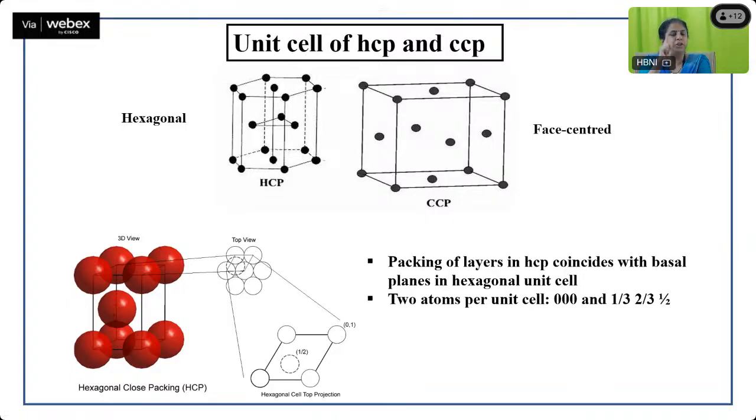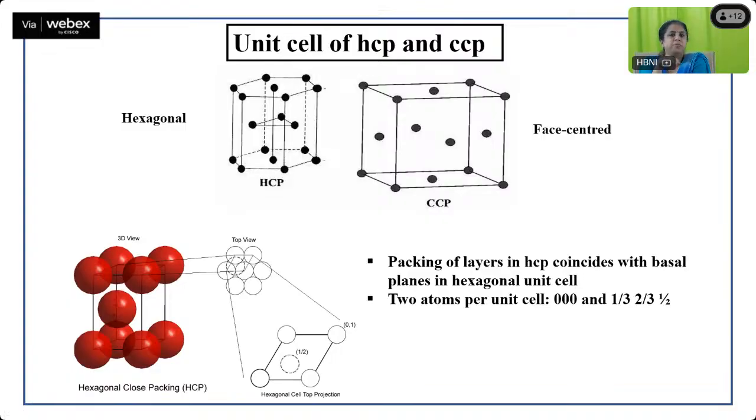How much does one edge contribute to one cube? This edge would be shared by 4 cubes: one here, one in the front, one on the top, and one on the top of the front one. That means each edge contributes 1/4 to your cube, so 12 edges contribute 12 × 1/4 = 3. That means you have 4 octahedral holes: the one in the body center, because it totally belongs to this cube, and 3 coming from the 12 edges. How many octahedral holes? 4.